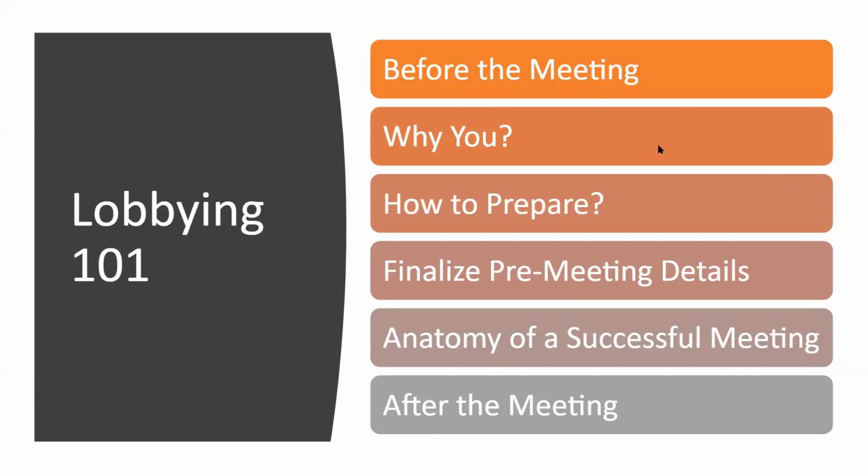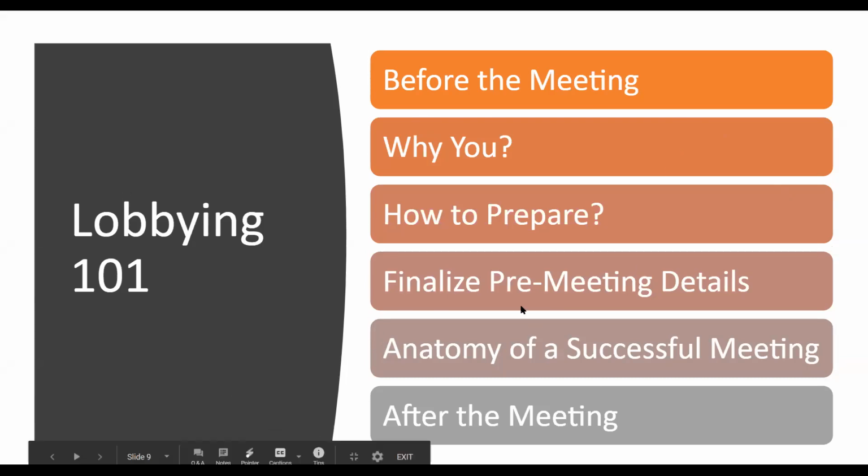All right. Well, thank you all for joining. I'm going to talk about Lobbying 101, basic tips for how we can advocate for our issues, which obviously will be the Endangered Species Act, protecting threatened and endangered species and their habitats during these meetings.